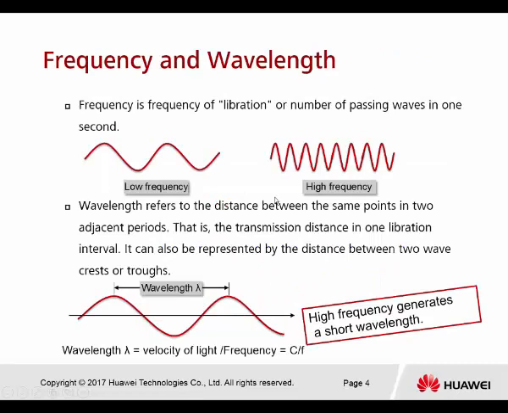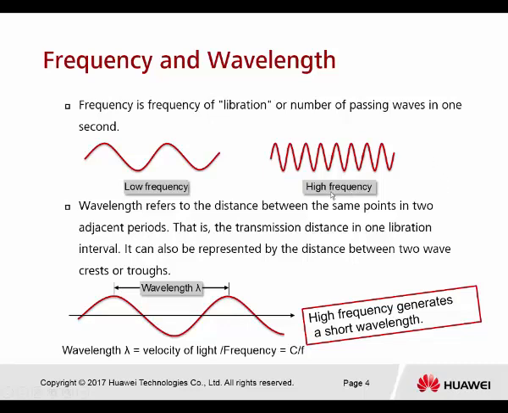So, frequency and wavelength. Frequency is the frequency of vibration, or the number of waves passing in 1 second. When only one wave passes in 1 second, we call it a low frequency. If there are many vibrations within the second, so that one vibration does not even reach 1 second, it is a high frequency.